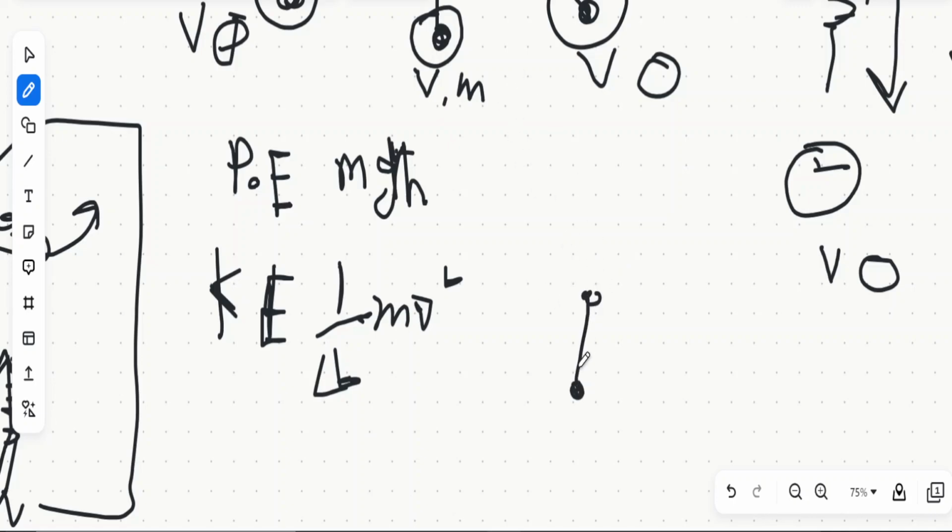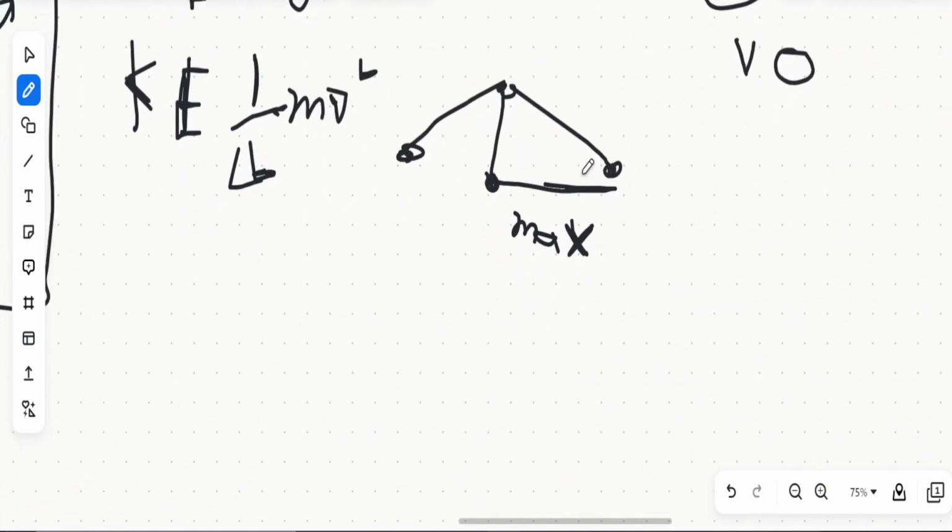At the very maximum positions, at the very left and at the very right, my distance from the equilibrium is maximum. So at maximum displacement, at the very right and at the very left, my potential energy is maximum.